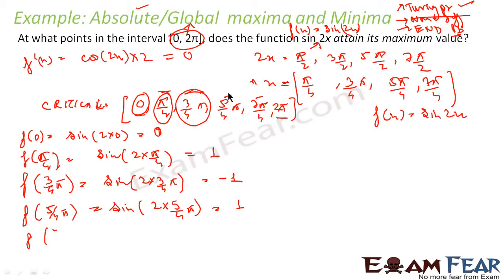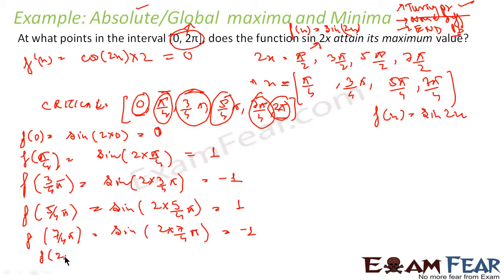The next is 7 by 4 pi. F of 7 by 4 pi is sine of 7 by 2 pi, that is again minus 1, and then 2 pi. F of 2 pi is sine 4 pi, that is 0.